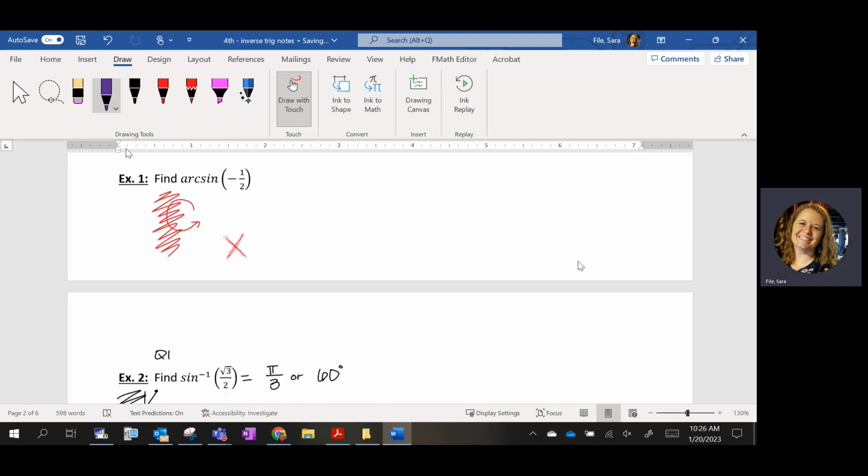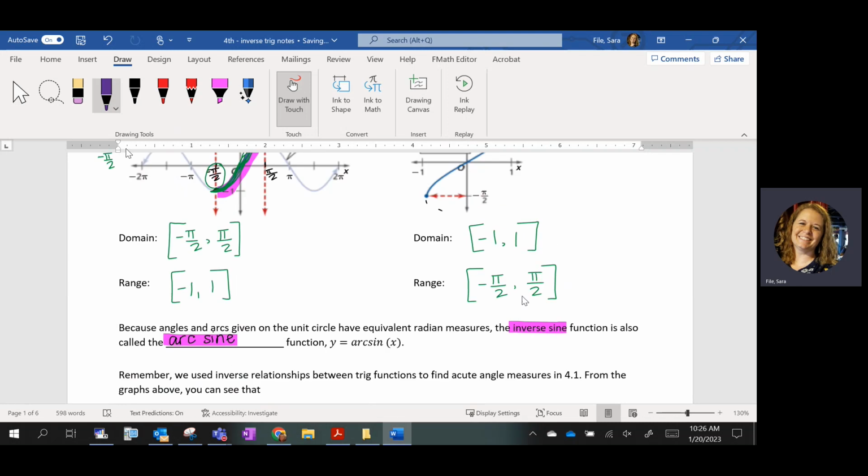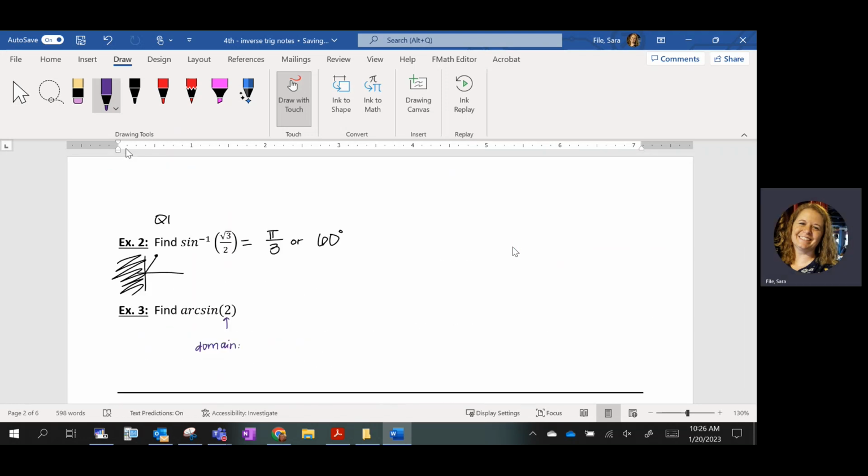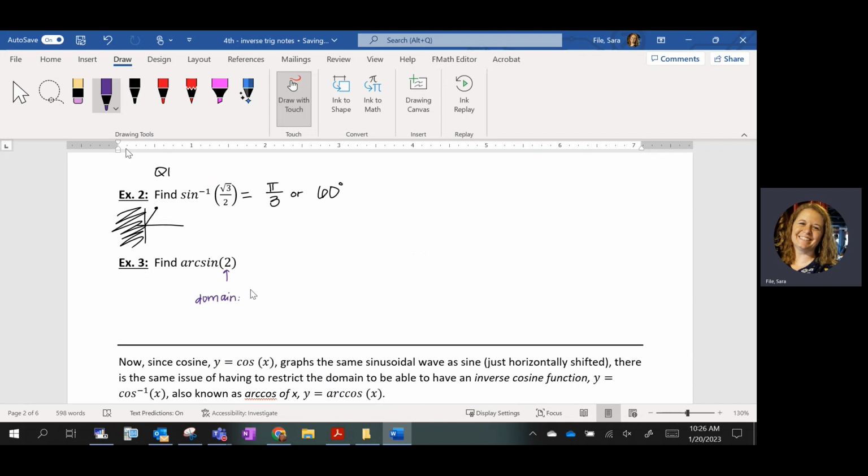Let's go back and look. For arc sine, the range is negative pi halves to pi halves. That's our answer, our angle measure. But what about the domain? What about that input value? What does it have to be between? -1 and 1. Is 2 in that domain? No, it is not between -1 and 1.